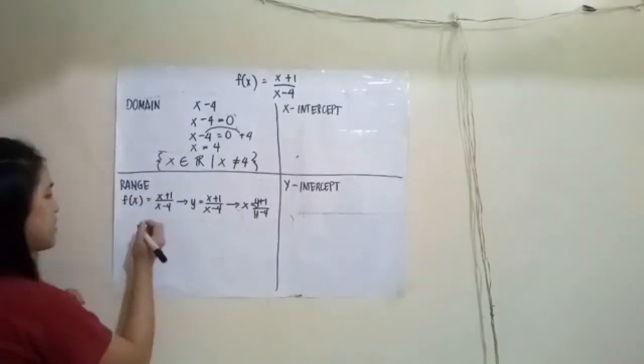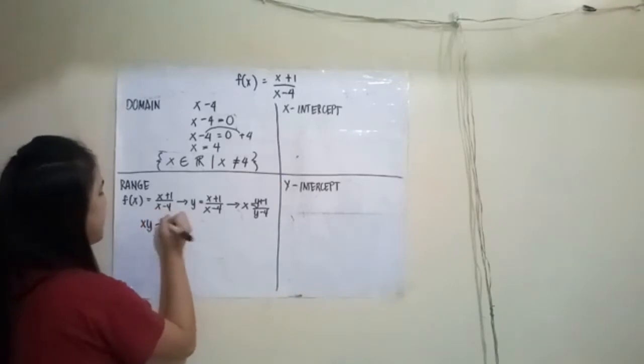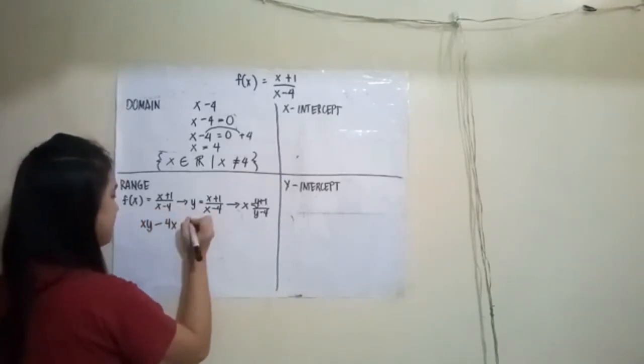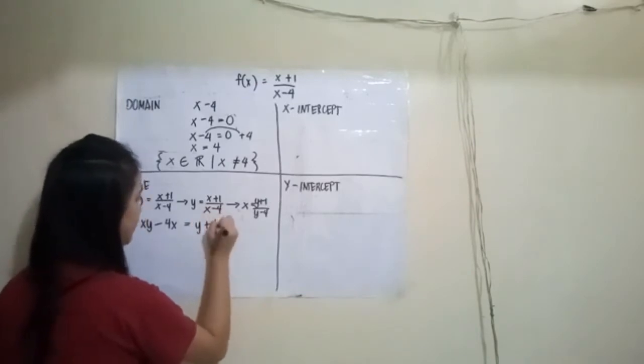So we will use the equation xy minus 4x is equal to y plus 1.